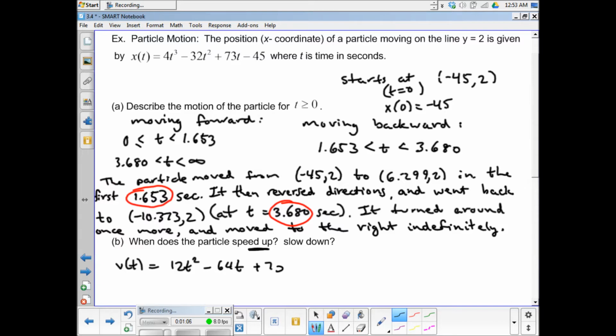So it's just the derivative. Okay, the speed is increasing would mean that, so it means that the absolute value of v of t is increasing.